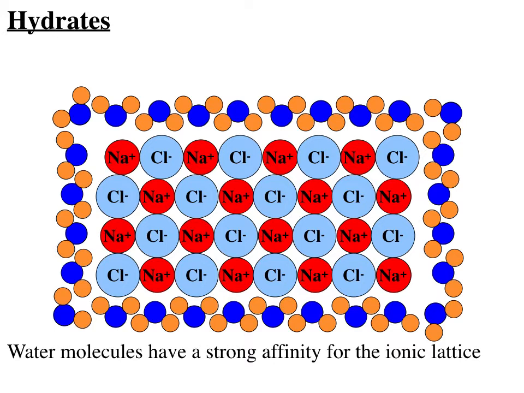Now what I want you to notice I've done here on the outside perimeter of the ionic lattice is I got a bunch of things that look kind of like Mickey Mouse characters with blue and orangish circles representing water molecules.